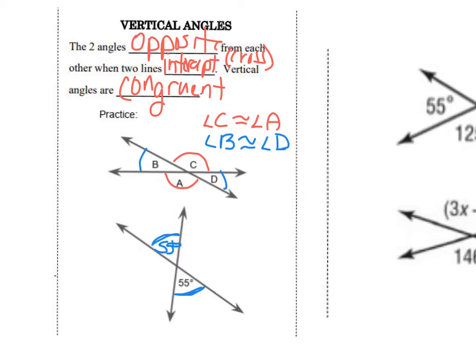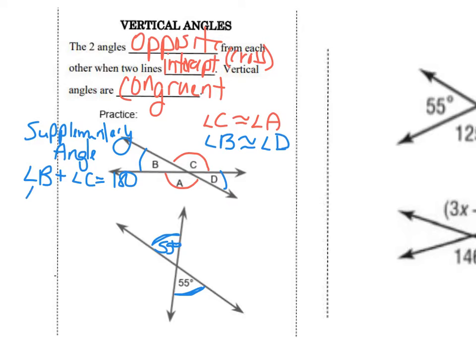Now, if you notice, you also have supplementary angles in this. So I'm going to go ahead and write up here supplementary angles. So I know that angle B plus angle C will give me 180 degrees.